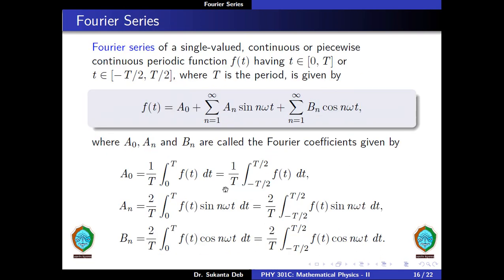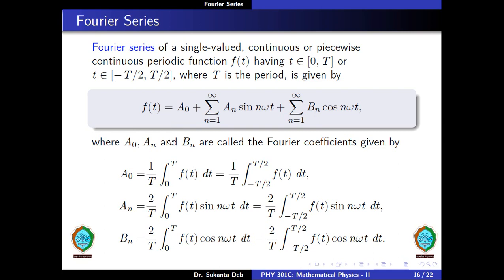So therefore we have the Fourier series of a single valued continuous or piecewise continuous periodic function f of t, having t lying in the interval 0 to capital T, or t lying in the interval minus capital T by 2 to capital T by 2, where capital T is the period, given by f of t is equal to a naught plus summation over n is equal to 1 to infinity an sin of n omega t plus summation over n is equal to 1 to infinity bn cos of n omega t.